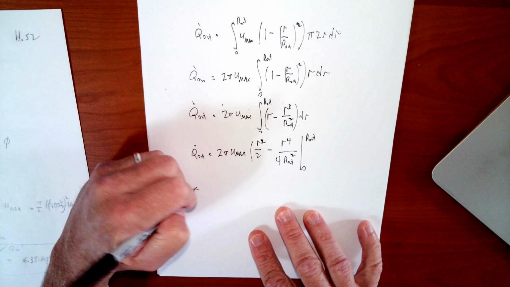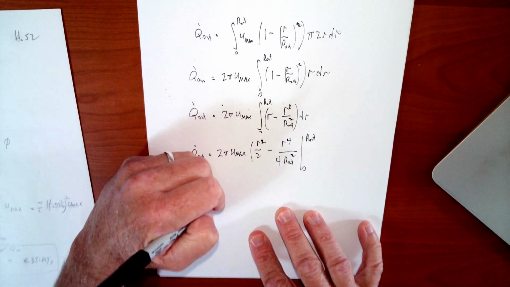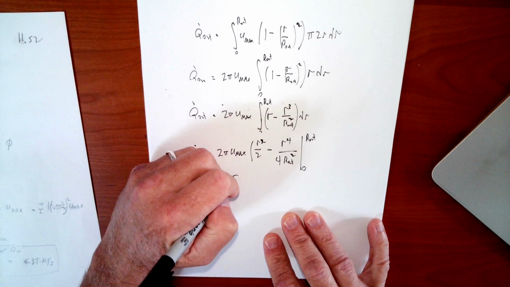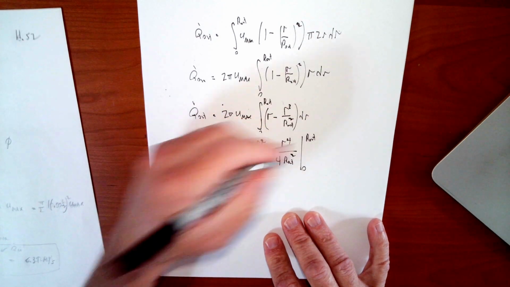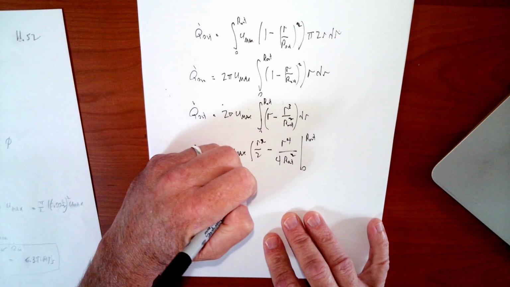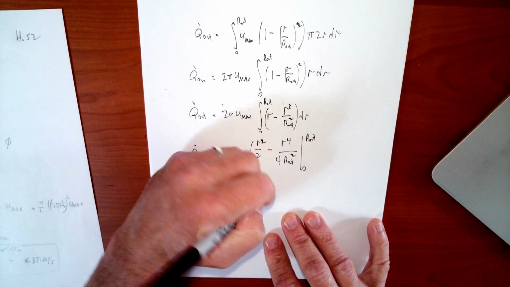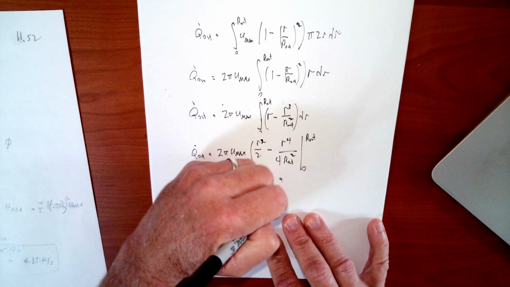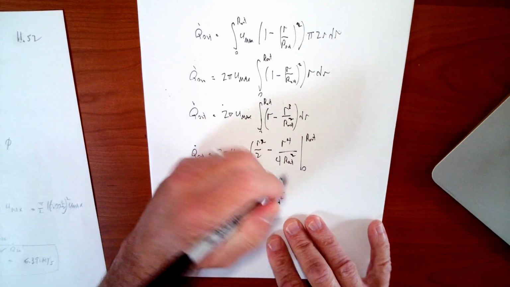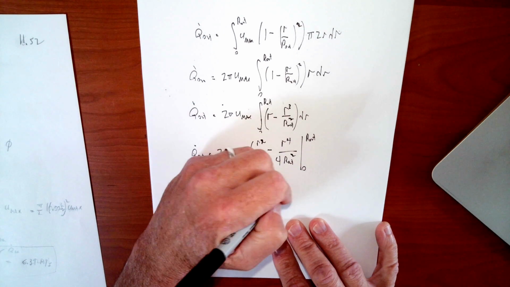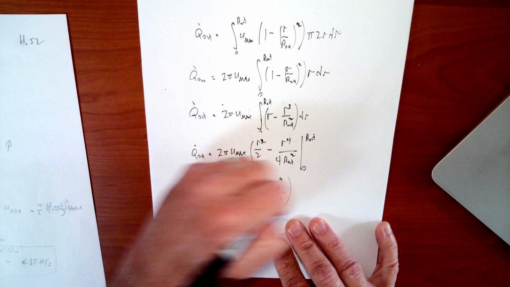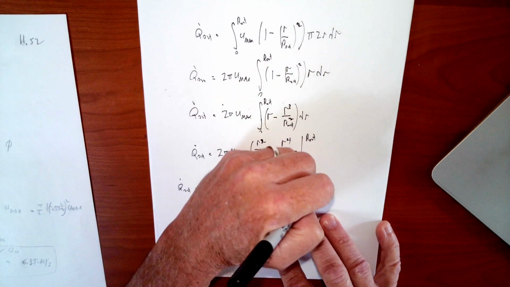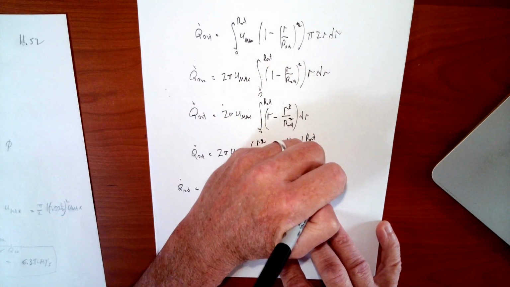Q dot out is equal to 2 pi U max times, I'm going to apply both limits. So first I plug in R out. So I have R out squared over 2 minus R out to the fourth over 4 R out squared. So that's the first limit of integration. Then minus the second limit of integration, but that's going to be 0 and 0. So that's just minus 0.